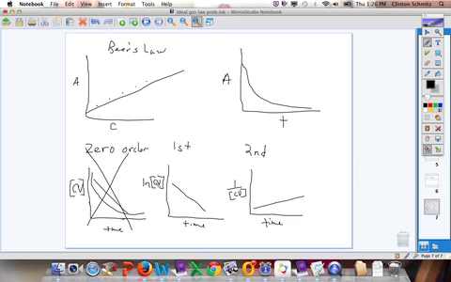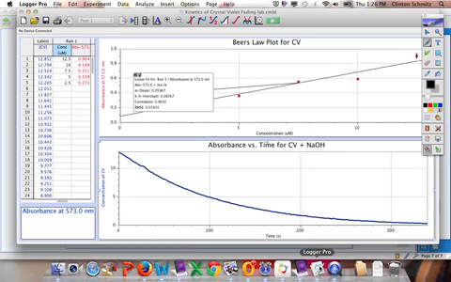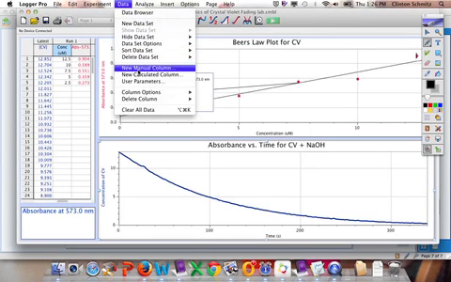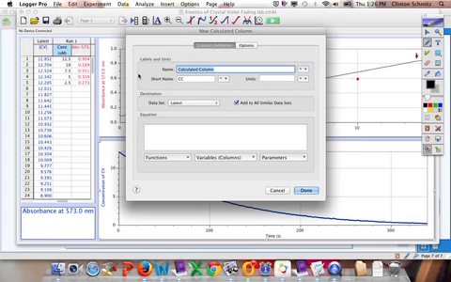Now we need to build this graph and see which one turns out to be linear. To do that, we're just going to go to Data, New Calculated Column, and we're going to call this one the natural log of the concentration of crystal violet. I'll abbreviate this, and the short name can be natural log crystal violet.